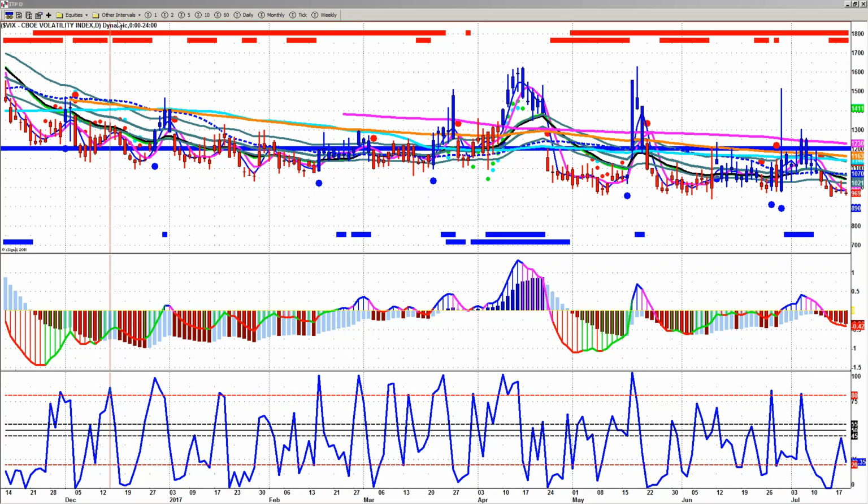Now, on bonds, gold, things like that, I'm going to be looking more at the long side. Shorts on the stock indices, I'm more aggressive on than usual because of that super high VIX.